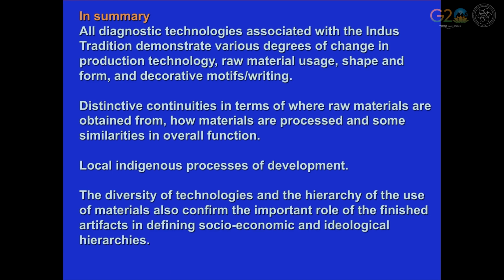And I argue that this shows local indigenous processes of development rather than a lot of outside influence during each of these transitions. And I would conclude by saying that the diversity of technologies and the hierarchy of the use of materials confirm the important role of the finished artifacts in defining socioeconomic and ideological hierarchies within these cities.